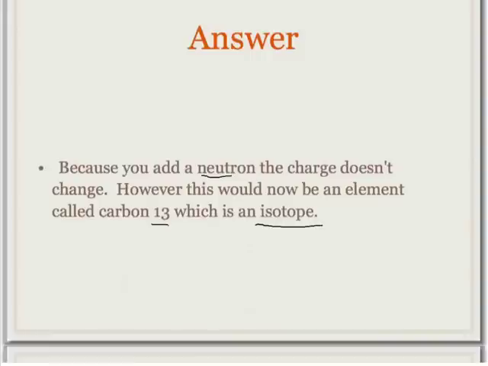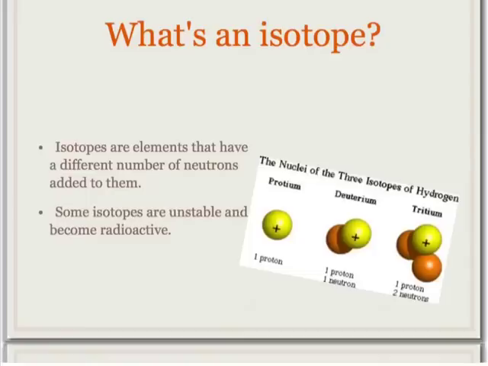We call it 13 because it has 6 protons and now 7 neutrons, and we add those two together. If 2 neutrons were added, we'd call it carbon-14. You're just adding up the protons and the neutrons, and that gives you the name of the isotope.